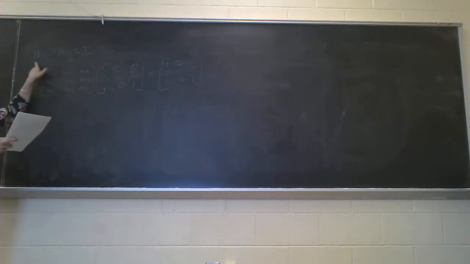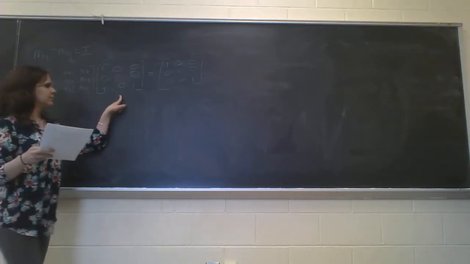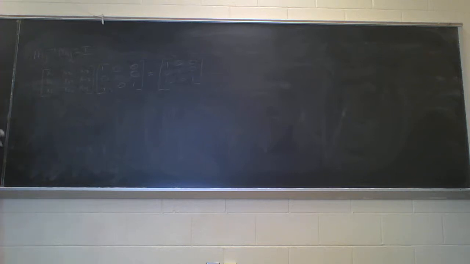Alright, now I've set this up. This is Mij inverse, this is Mij, and this is identity right here. Now just carry out the multiplication and we can solve for the unknowns.